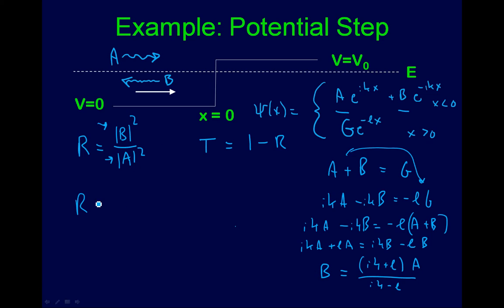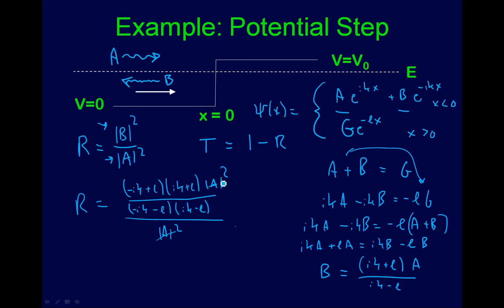If we calculate this, over here I take B squared, so I have to take the absolute square of all of this stuff. And so I get negative IK plus L times IK plus L, the absolute square of A, all over negative IK minus L times IK minus L. And of course all of this is just the absolute square of B divided by the absolute square of A. So this is very nice.